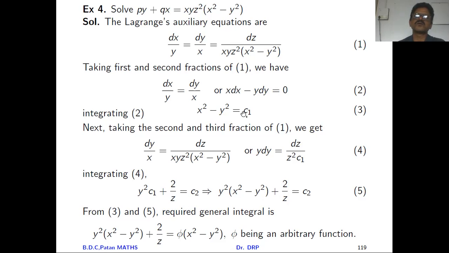So once you know one solution as u equal to c1, another solution as v equal to c2, these two solutions taken together give the solution of these simultaneous linear equations.